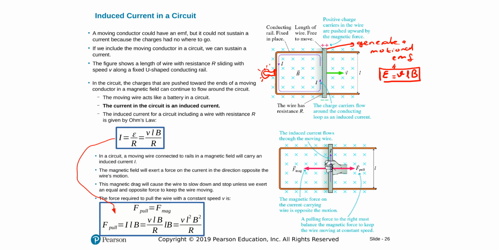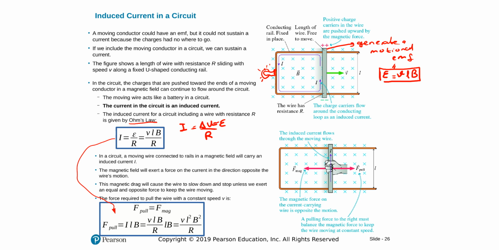All I have to do is use my famous Ohm's law. What does it say? Current is equal to potential difference divided by R. And our potential difference here is the motional EMF. Again, we can go ahead and use delta V for it, but our book uses epsilon, so we're going to stick with epsilon. But it's the same as delta V, potential difference.